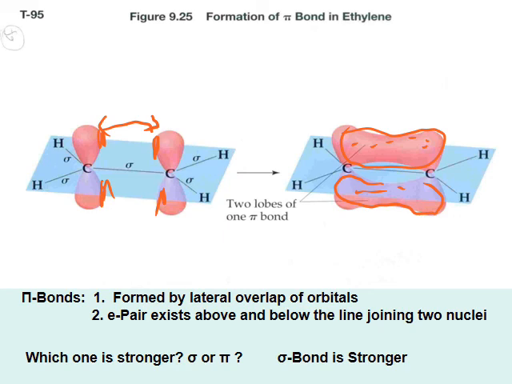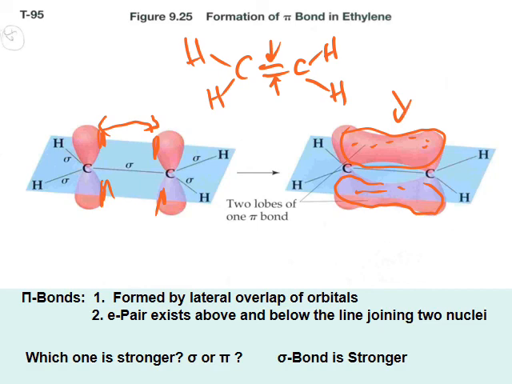Keep in mind, when there's a double bond like this, even though in the Lewis structure we don't distinguish these bonds, truly they're not the same kind of bond. One of these bonds is a sigma bond, formed by head-on overlap, which is a strong bond. The other one is a pi bond, like this, where there's a sideways overlap.